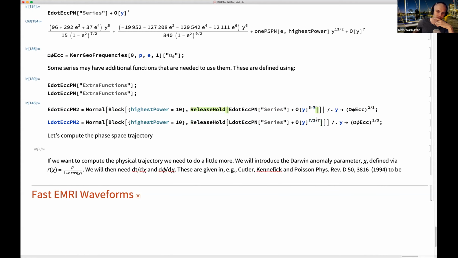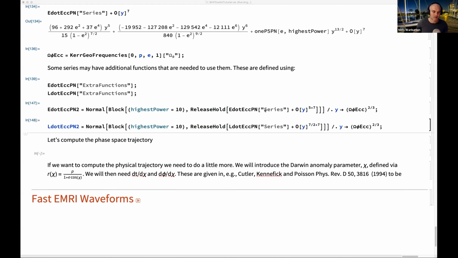So this is equivalent to going to 7PN, or 6PN I suppose, in both of these. If you truncate one to 3PN and the other to 9PN, sometimes you find very strange things happening, like the orbit can actually grow when it shouldn't, or the eccentricity increases when it shouldn't.